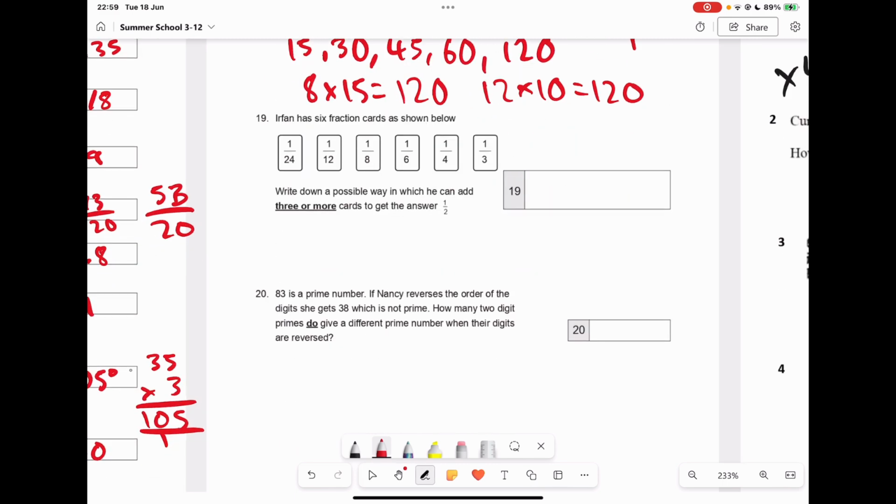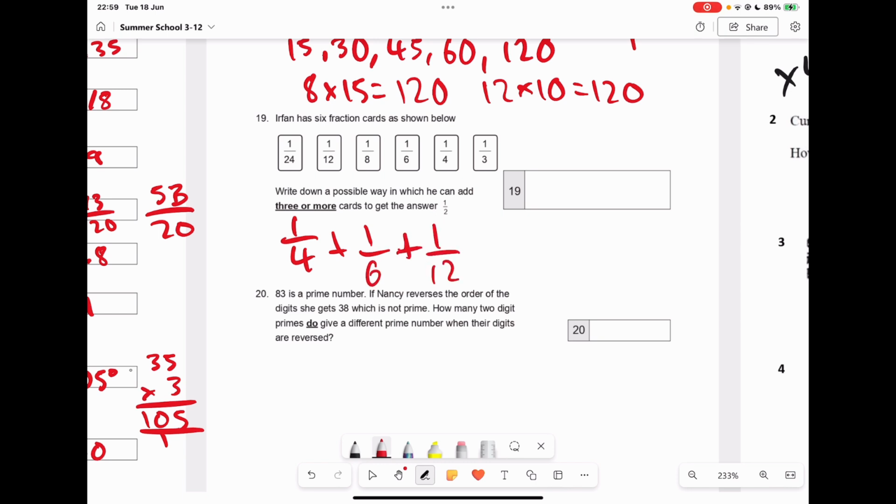Okay, our fan has 6 fraction cards there. Write down the possible way which you can add 3 or more to get 1 over 2. Okay, so to get 1 over 2, he could add a quarter to a sixth to a 12th.